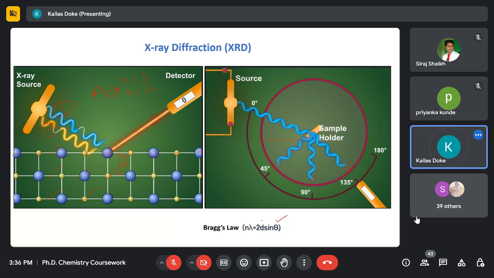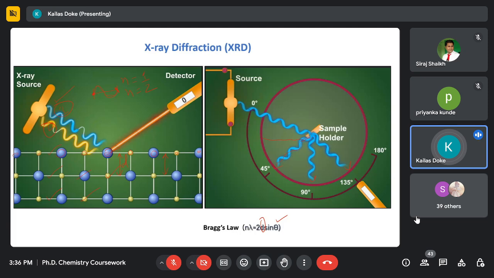And we must know the wavelength of the incident X-ray, whether it is copper K alpha 1 or copper K alpha 2, or aluminum K alpha 1 or aluminum K alpha 2. This is just a revision of how X-ray is diffracted from the sample.